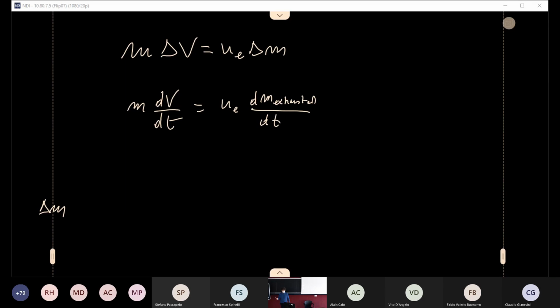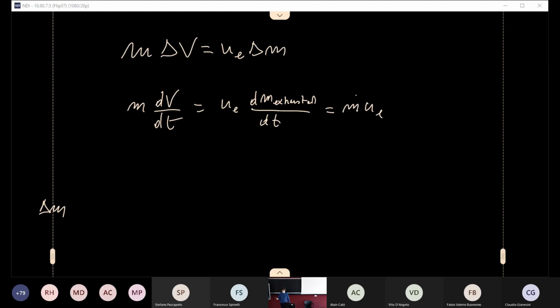We can name this m dot, and we get the expression m dv/dt equal to m dot times ue.